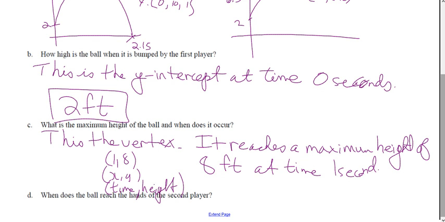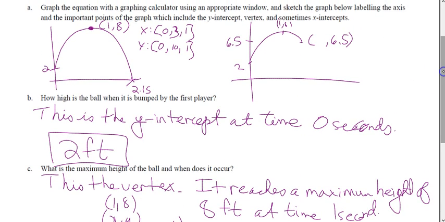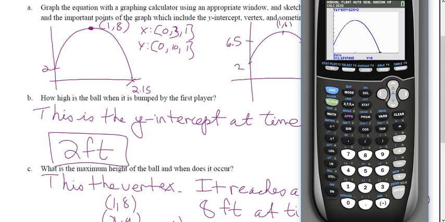When does the ball reach the hands of the second player? Approximately 1.5 seconds. 1.5 seconds? Okay, how are we going to get that on the calculator? So we got to go to y equals. And the second y equals 6.5, and then you calculate the intercept from there. Okay, so we need to graph a y value.